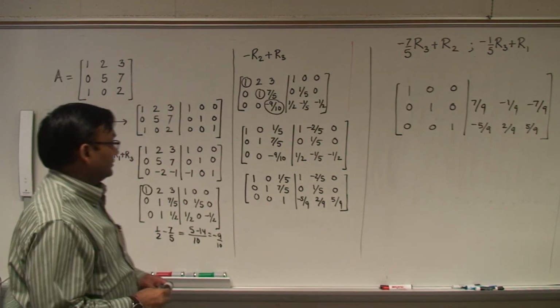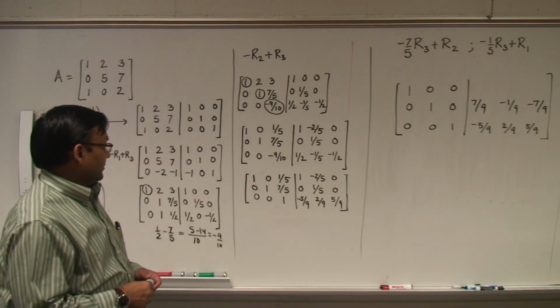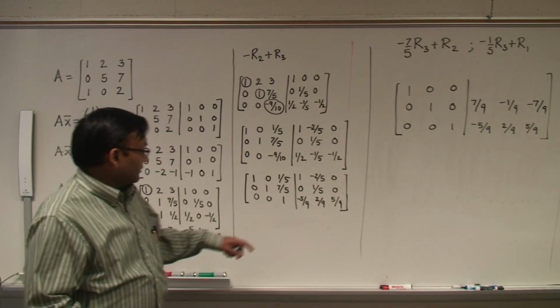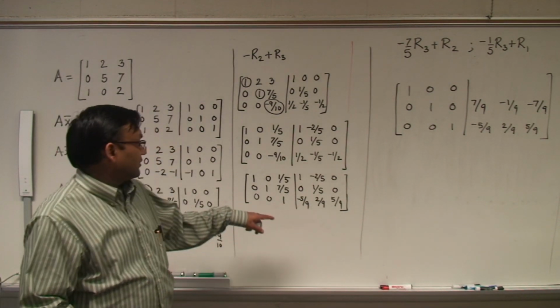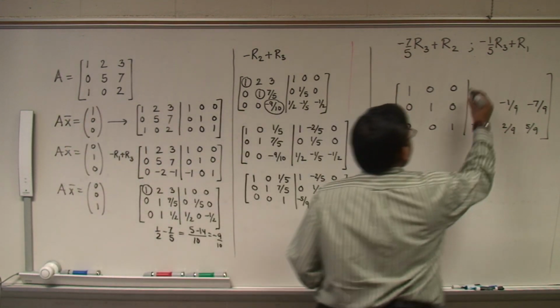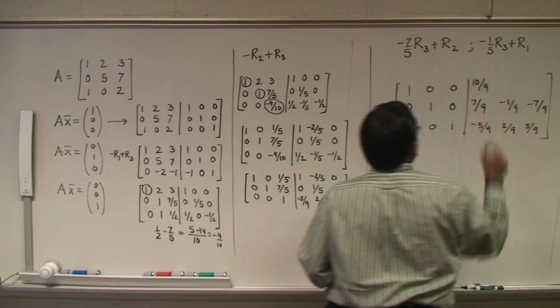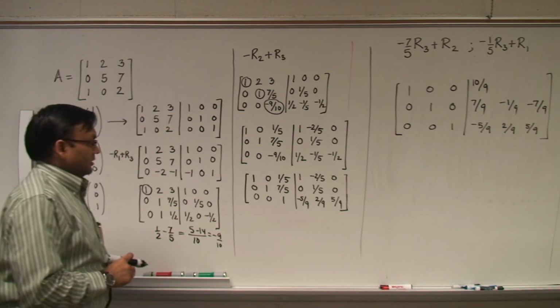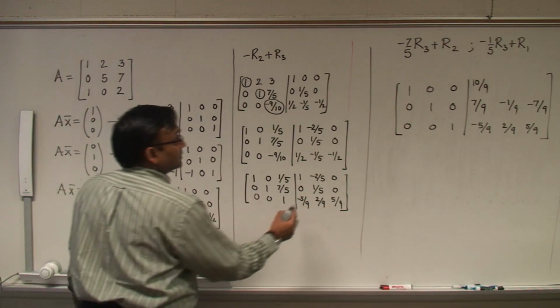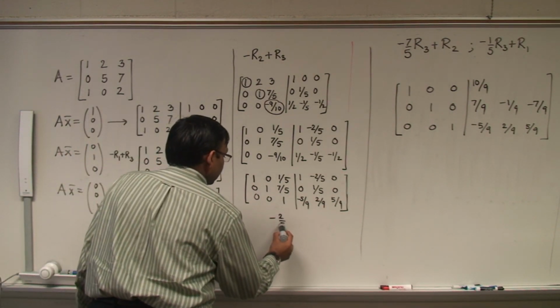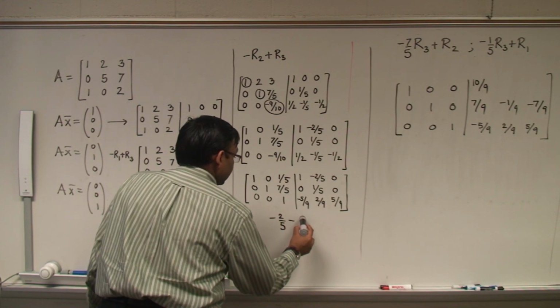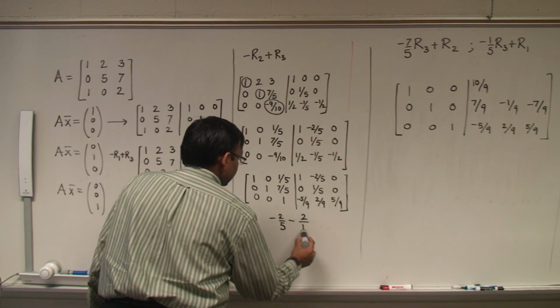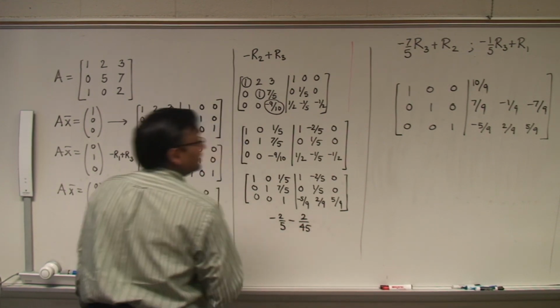Now, okay, so let's perform it on the first row. Minus 1/5 added here, minus 1/5 will give you 1/9, 1/9 plus 1 will give you 10/9. Minus 1/5 times this. So here is minus 2/5, and I have minus 1/5. 2/45.